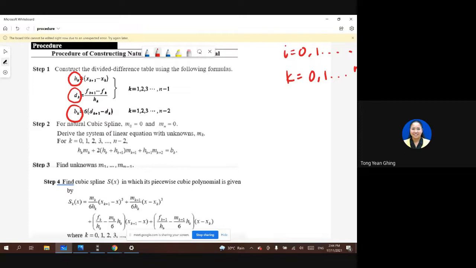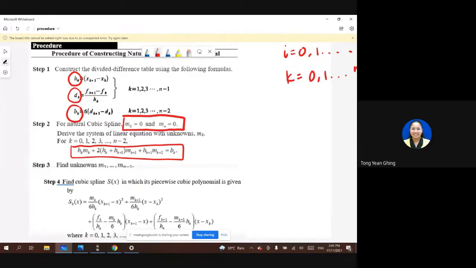After we get H, D, and B, we have to derive the equation based on this equation. Because this is a natural cubic spline, like just now, the first M, M naught, is equal to 0 and the last M also equal to 0.